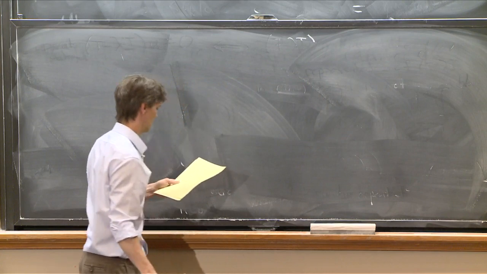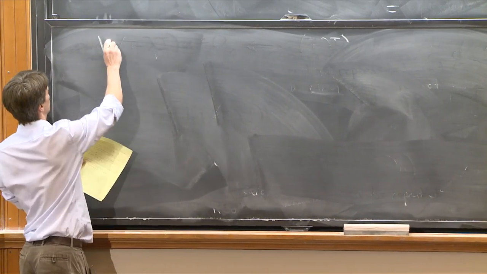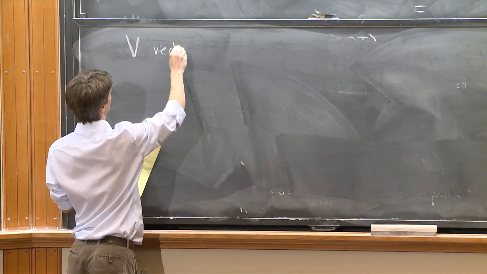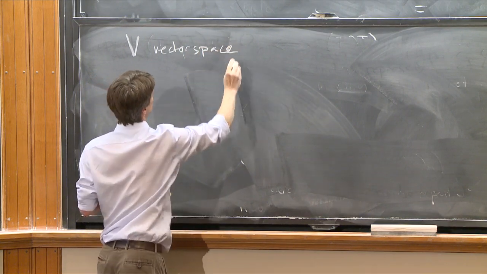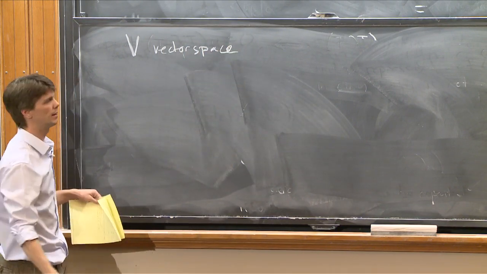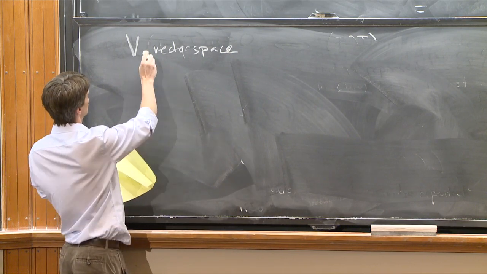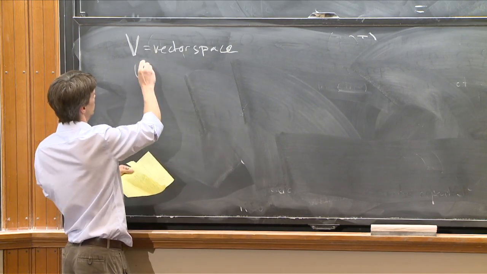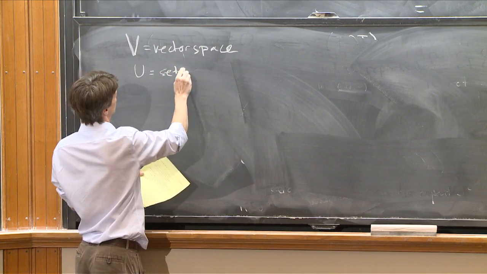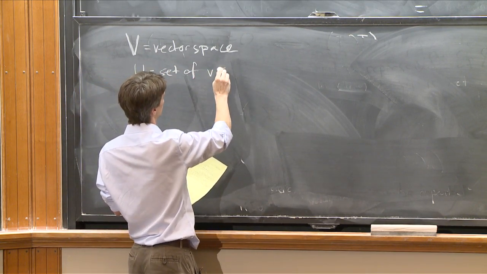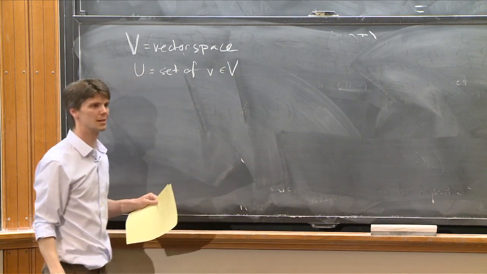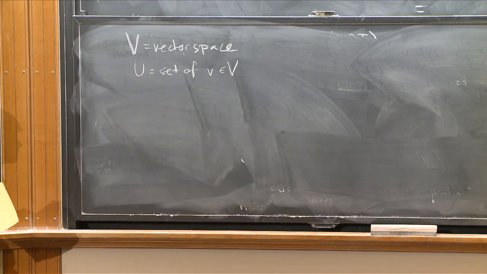So let U be a set in a vector space V, and I can just choose some things in V and make a set. So U is a set of vectors that are in V. It doesn't need to be a subspace, it's just a set.